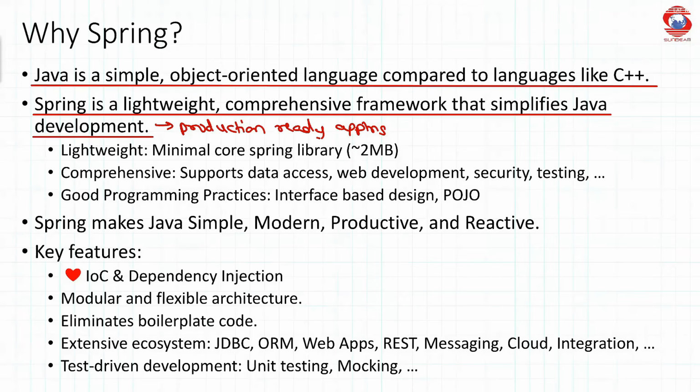Then we say that it is lightweight. What do you mean by lightweight? The main library of Spring, the core Spring library, is hardly 2 MB. These are the basic minimum features provided by Spring, and those features are hardly a 2 MB library.